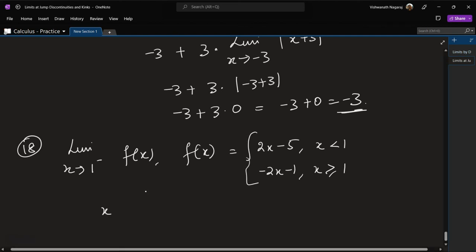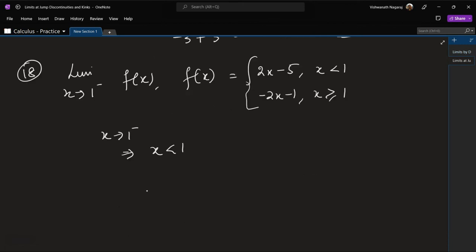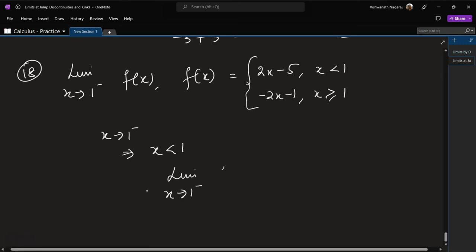Now x approaches 1 from the negative side implies that x is less than 1. So if it is less than 1, then it can't be equal to 1.